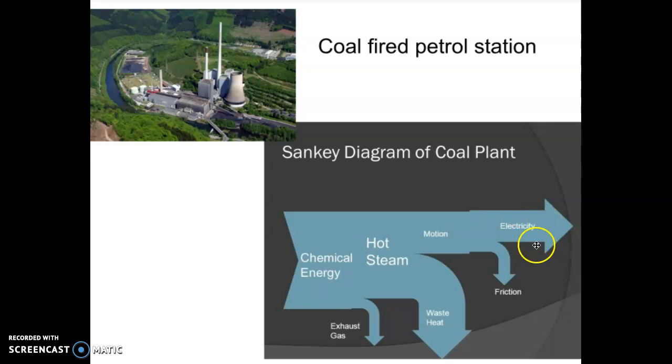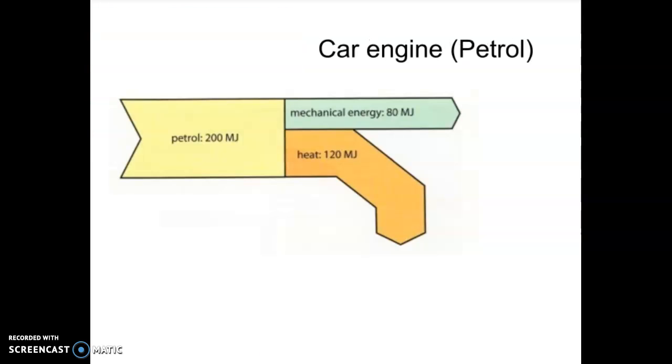So this would be about 30% useful. If this is 1, this would be 0.3, and this would be 0.7. All the energy that's transferred to less useful stores.